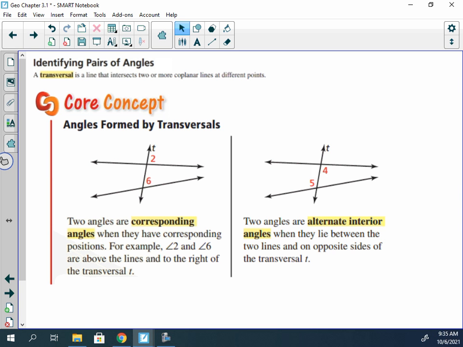So when we talk about alternate interior angles, well, alternate means opposite, and they are between the lines. Opposite sides of the transversal and inside the two lines. Any questions so far about corresponding angles or alternate interior?